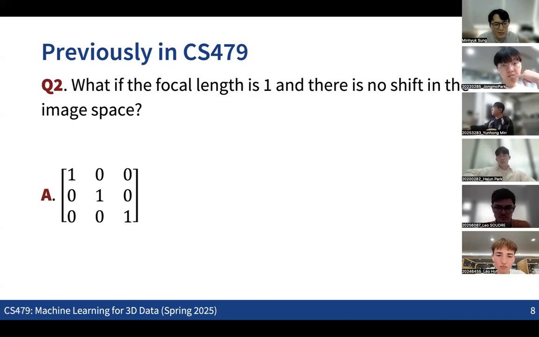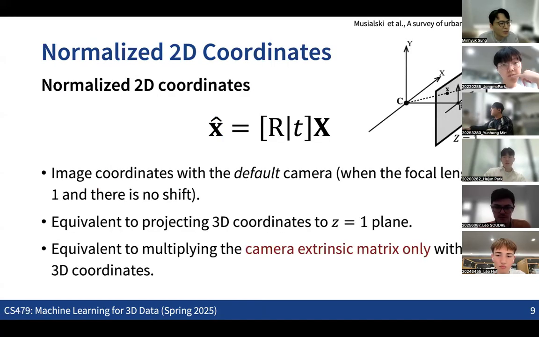So what you can see is that we can define some normalized 2D coordinates, which are basically the image coordinates when you have the default camera, when the focal length is 1 and there's no shift in the image space. This special case, the default camera, is also equivalent to projecting all the 3D coordinates to the z=1 plane.